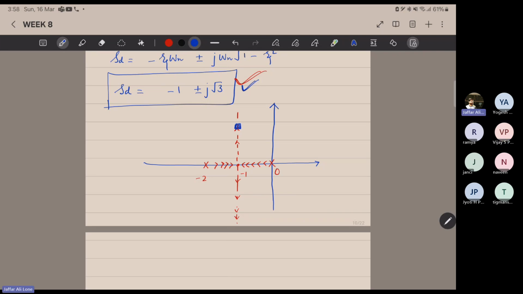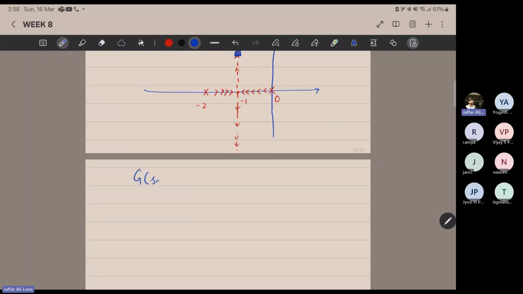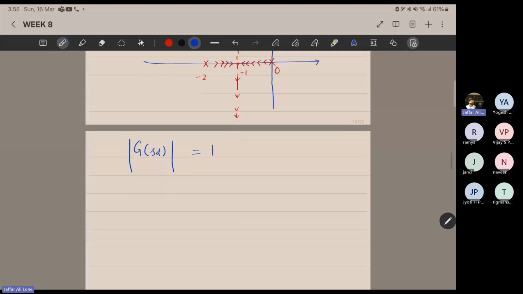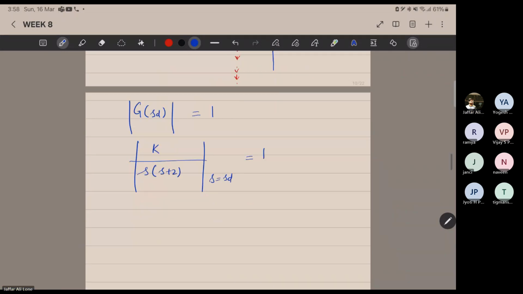So it means if I put the value of this in my open loop transfer function, then the magnitude condition should be satisfied, right? Yes. So my magnitude condition is |G(S_D)| equal to 1 and it should be satisfied. It means K divided by S into (S plus 2) at S equal to S_D should be equal to 1. And what does it mean?